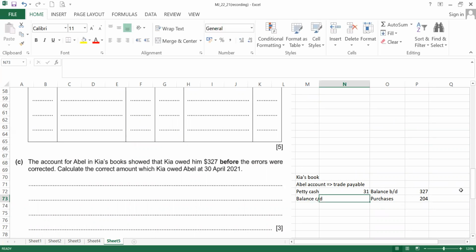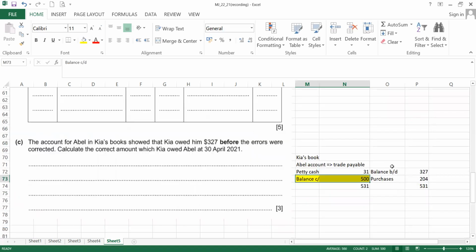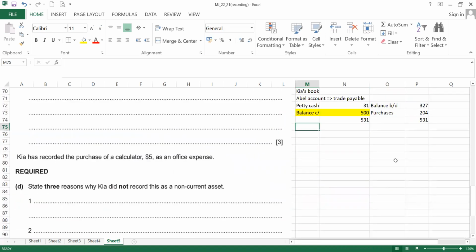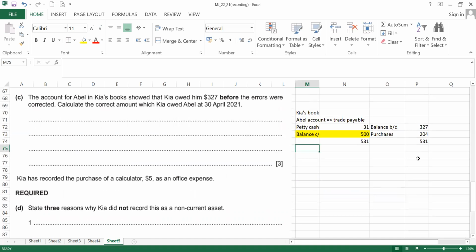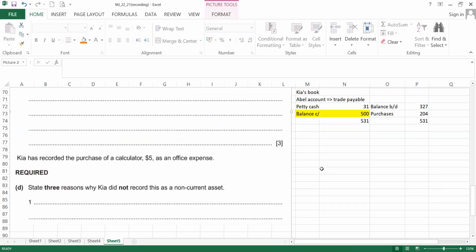Balance carried down. So this should be the correct amount, 500.